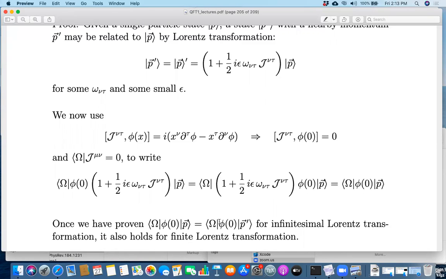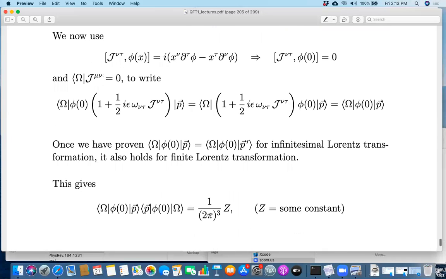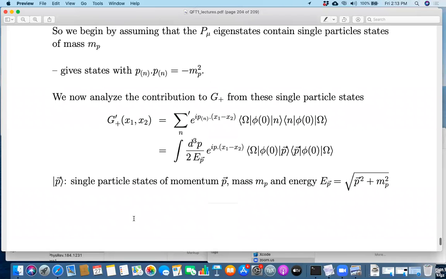But once it holds for infinitesimal Lorentz transformation, you can also establish that this holds for finite Lorentz transformation, because any finite Lorentz transformation you can build by applying infinitesimal Lorentz transformation many times. So what this tells us is that this quantity that is appearing in this expression for G prime plus actually is a constant.